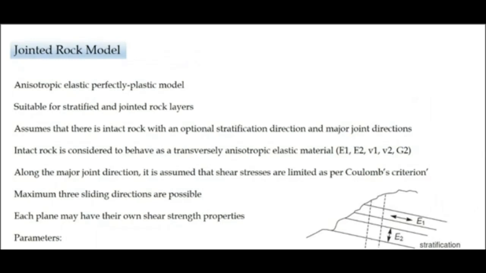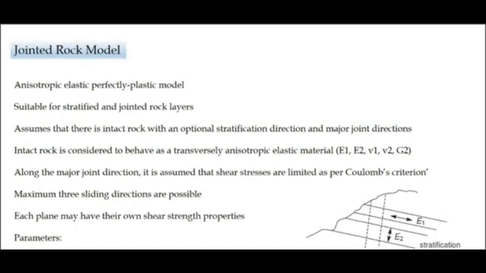The basic formulation of this model assumes that the intact rock will mostly have an optional stratification and major joint direction. On the right hand side bottom, you can see that you can have major joint directions as well as stratification, and you need a number of parameters which characterize the behavior in this constitutive model. Intact rock is considered to behave as a transversely anisotropic elastic material.